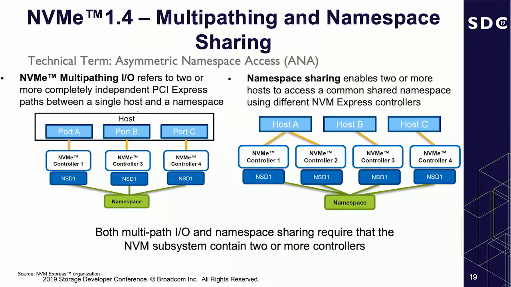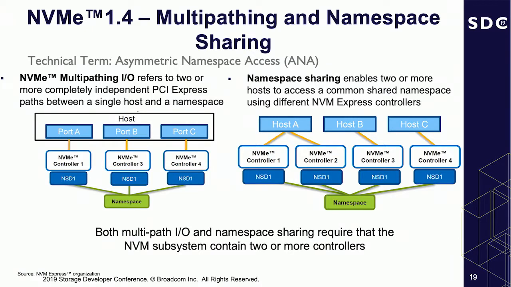And multipathing. We know that earlier SCSI folks know about ALUA, asymmetric logical unit access, and this is very similar. Here it could be symmetric access like in PCIe, where every path is kind of equal. But when it comes to fabrics, not all paths are equal.